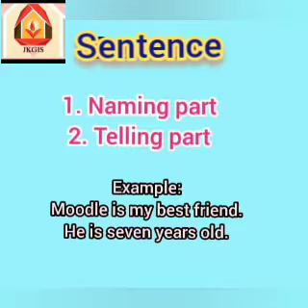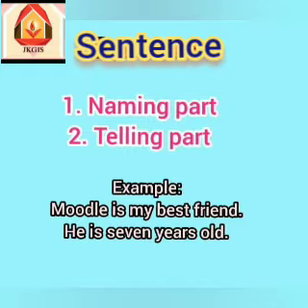Here we have used the word he for Muddle, which is the naming part of the sentence. So he comes in the naming part of the sentence, and the word my tells us that Muddle is my best friend, or Fuddle's best friend.